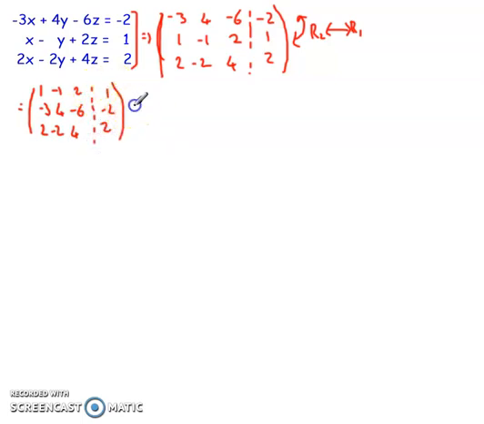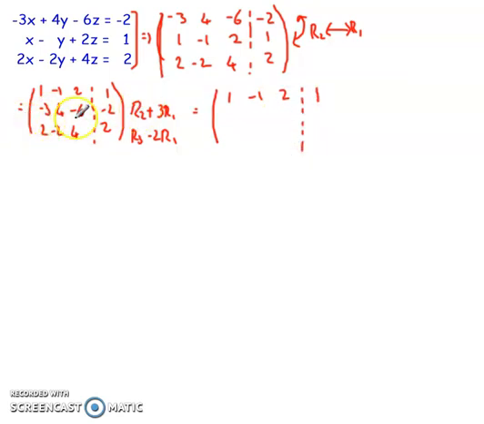What I can now do is start to do my elementary row operations. If I do row 2 plus 3 of row 1, that will eliminate this. And if I then do row 3 take away 2 of row 1, that will eliminate this value here. My augmented matrix becomes 1, -1, 2, 1 on the top row. That doesn't change.